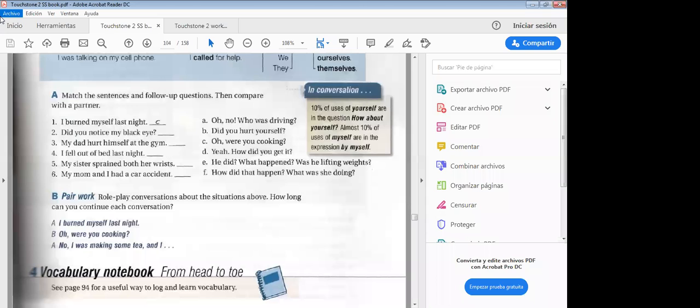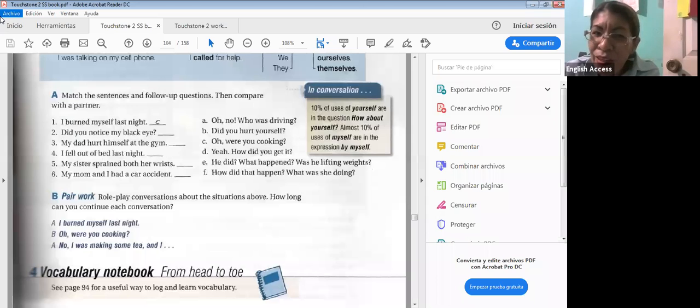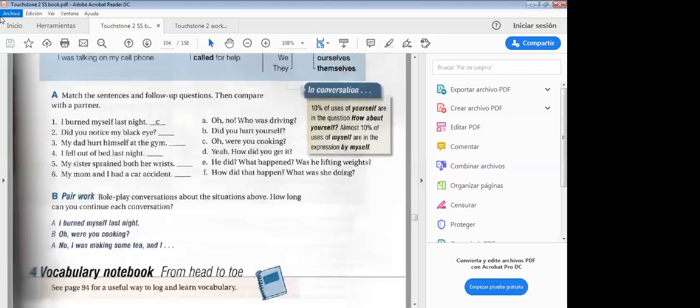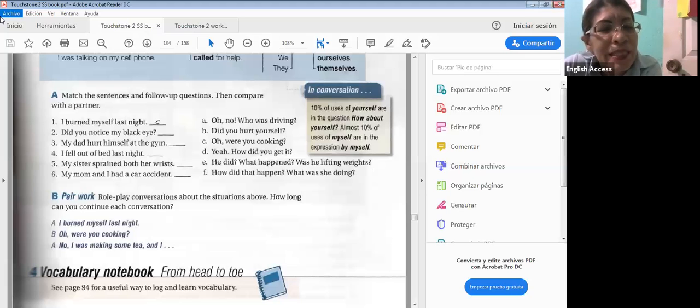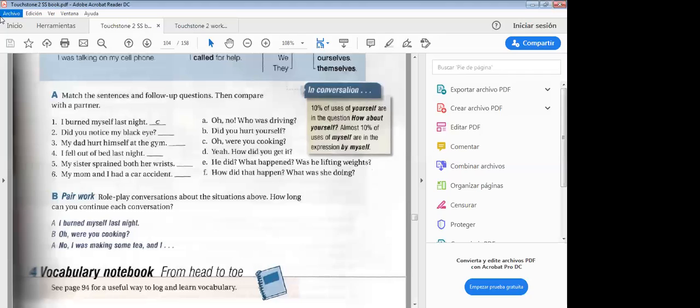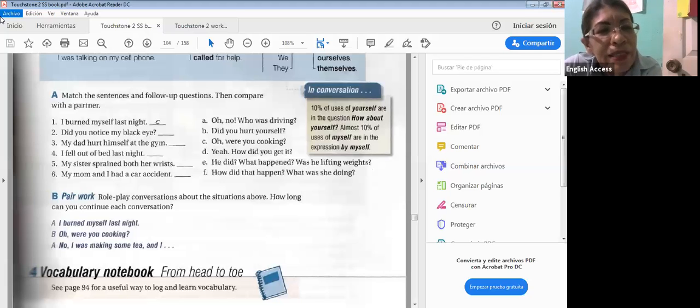Ready? Okay, excellent. Well, we have number one. Let's see number two. Damaris. Did you notice my black eye? Letter D. Yeah, how did you get it? Okay, number three, Luis. My dad hurt himself at the gym. Letter E. He did. What happened? Was he lifting weights? Yes, number four, Damaris.